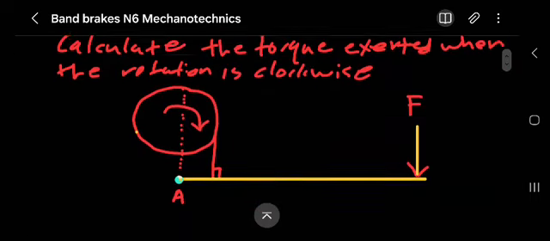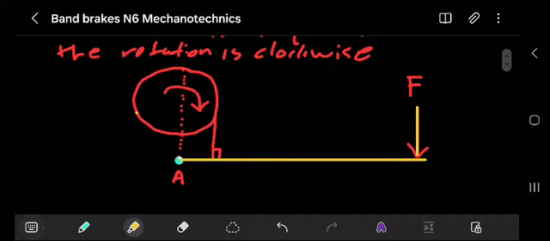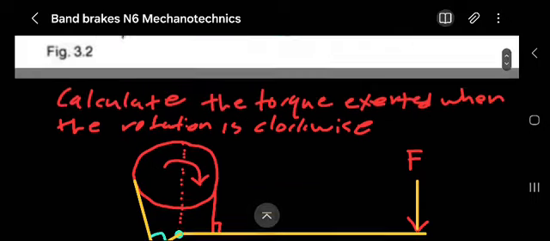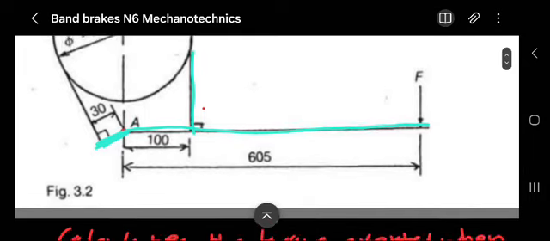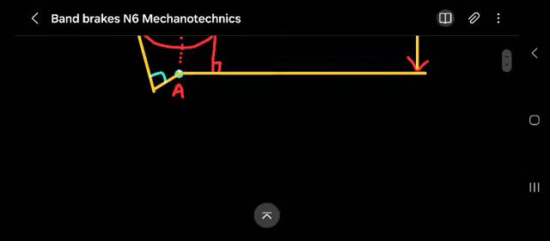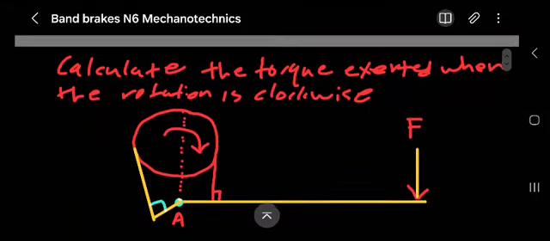Since it's slanted, let me slant it a little bit like this. We have 90 degrees like that here. We're drawing the same structure like this. There is our force. We have that.